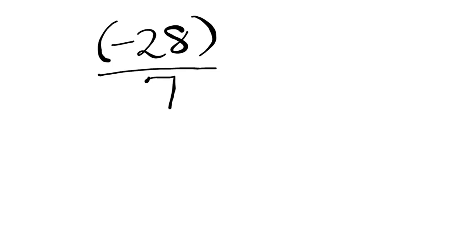Dominic, same or different? They're different. Good job, Dominic. And since they're different, is our answer going to be positive or negative? Negative. Good job. So our answer is going to be a negative what, Dominic?